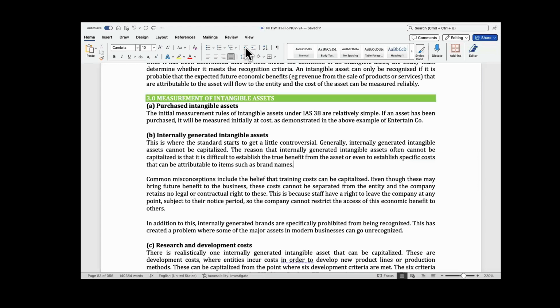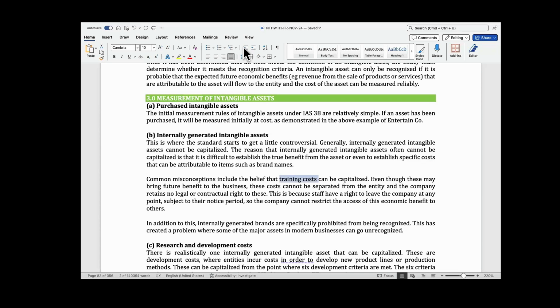In fact, some people usually argue that we should capitalize training costs, that when you train your staff, it's an intangible asset that you should capitalize. We would usually explain to them that no, you cannot capitalize training costs because these staff can leave anytime.